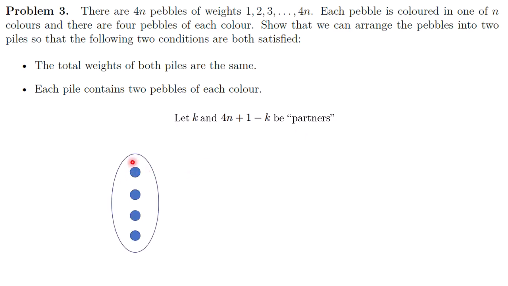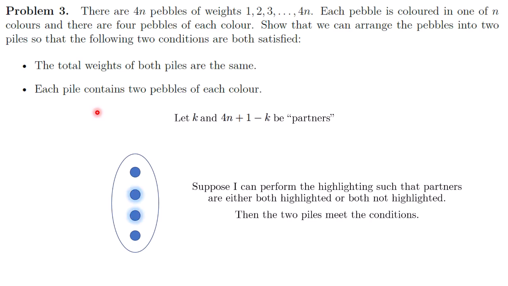Now suppose I have 4 pebbles here of the same color. What we need to do is throw 2 of them into pile A and the other 2 into pile B. And do the same for all the colors such that the 2 conditions here hold. To give us a concrete term, I'm going to highlight 2 pebbles of each color.